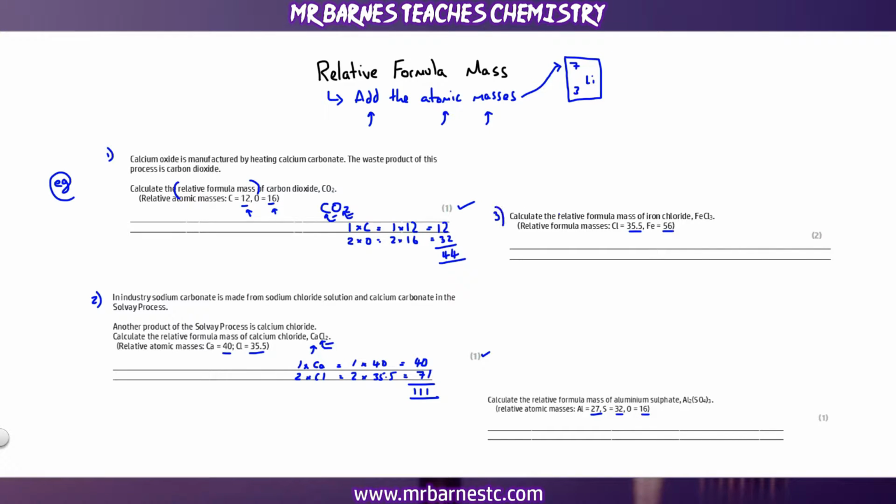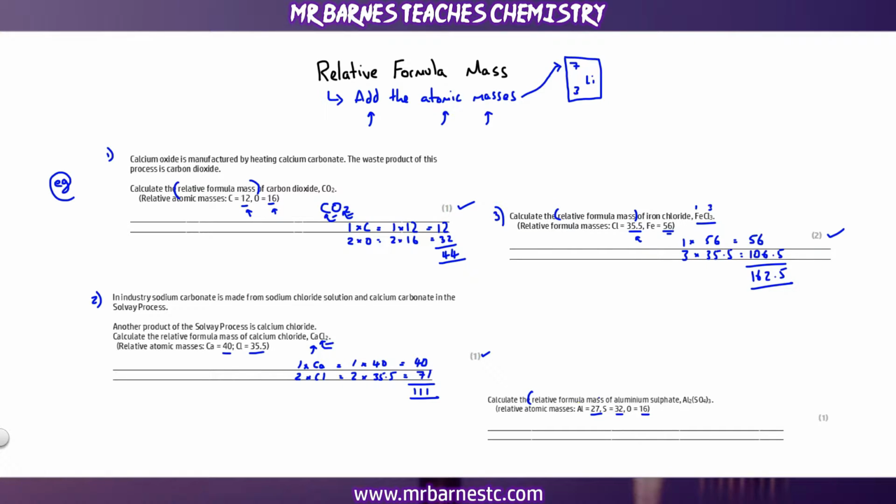Number 3, again, relative formula mass, it tells you in the question, there's your trigger, FeCl3. So Fe, you've got 1, and that's 1 times 56. And then chlorine, you've got 3, which is 3 times 35.5, which comes out to 106.5. So add both of those together, and you get 162.5.